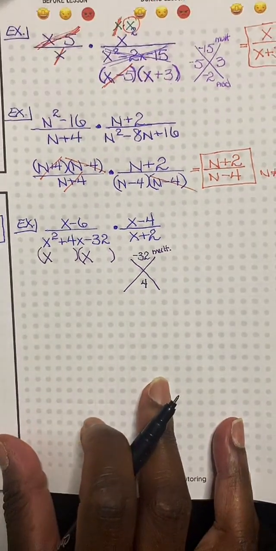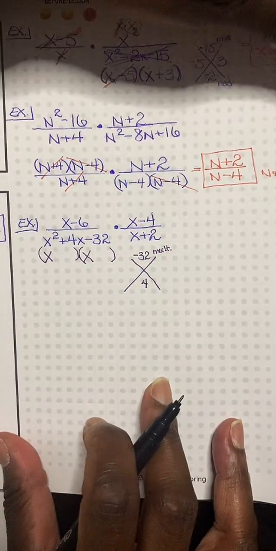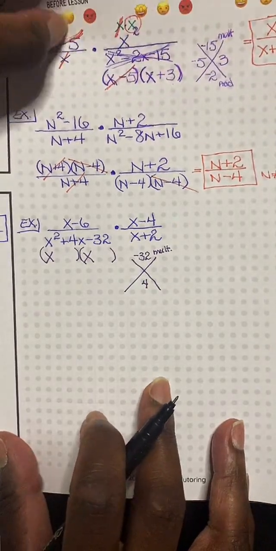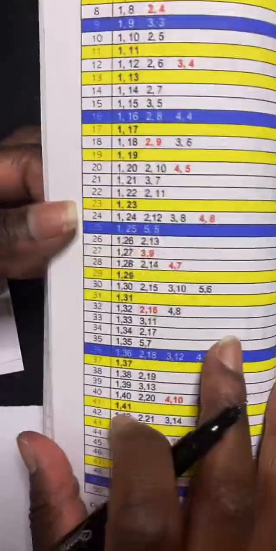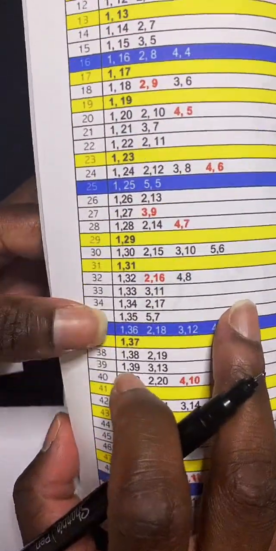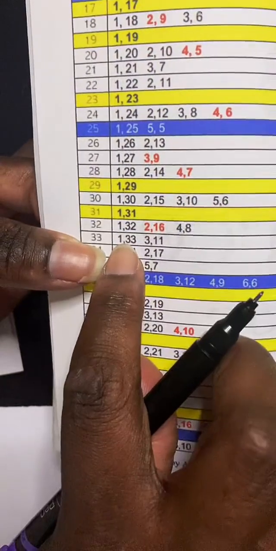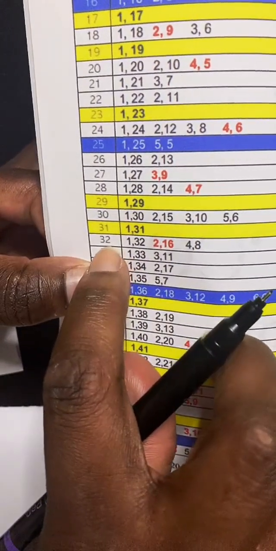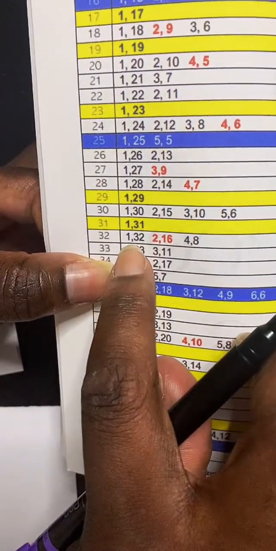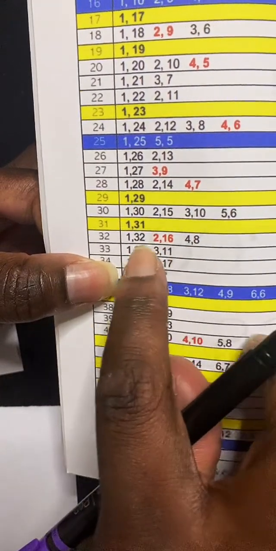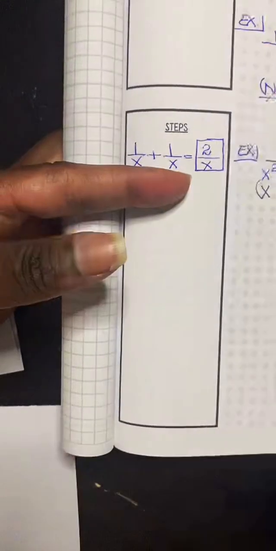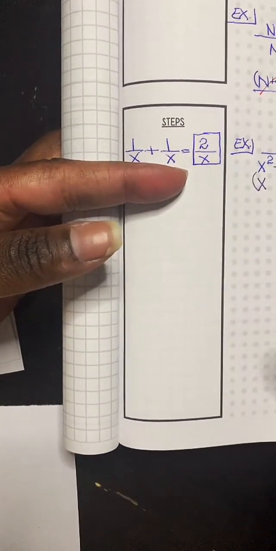Now, if you're like most of my students, multiplication is not your thing. That's why I got my handy dandy notebook. Inside of it I have what's called a factor sheet. So I'm going to look up 32 and see which of these pairs gives me relatively close to my answer of 4.